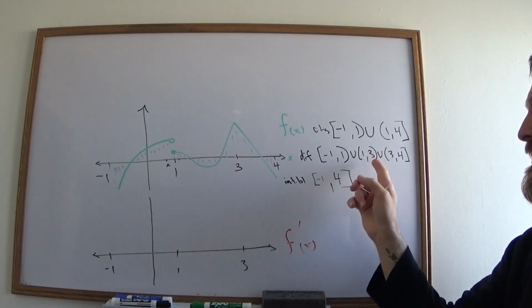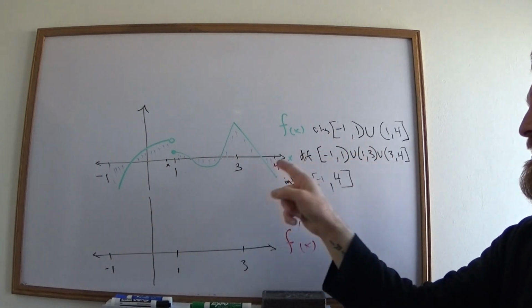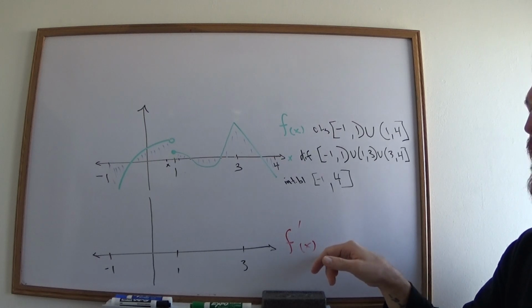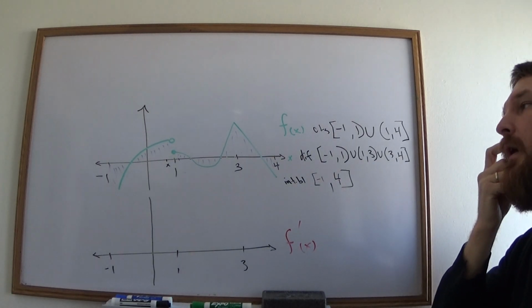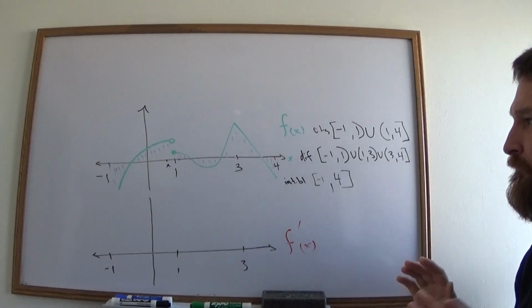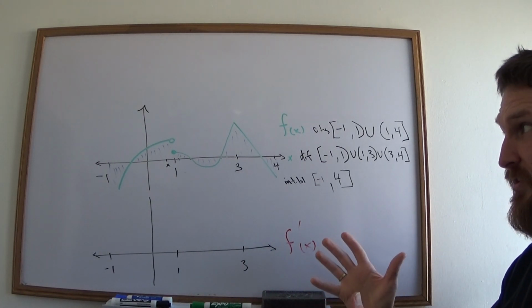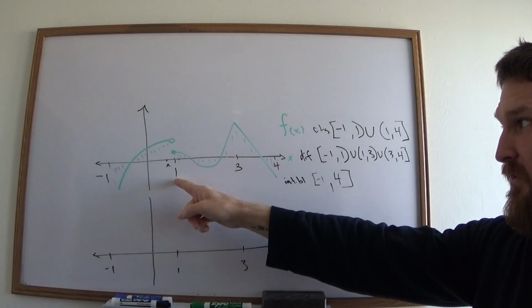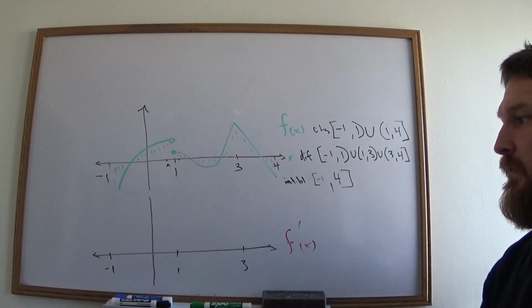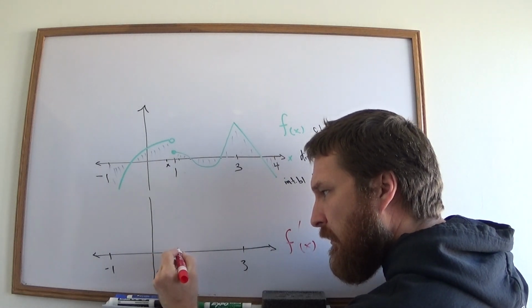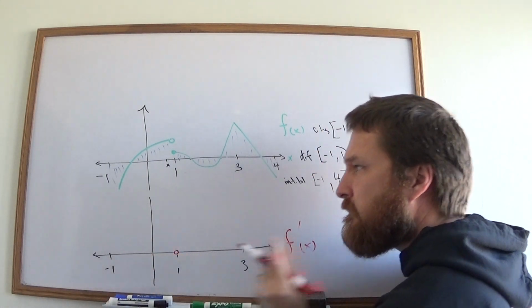You already told me it's not differentiable here, and it's not differentiable here. So we better have holes in the graph of this thing. Okay. All right. Let's start with some points that we know. It looks like a 0. So let's go ahead and say that here it's 0, but it's not defined there. So I'm going to do a hole right here.